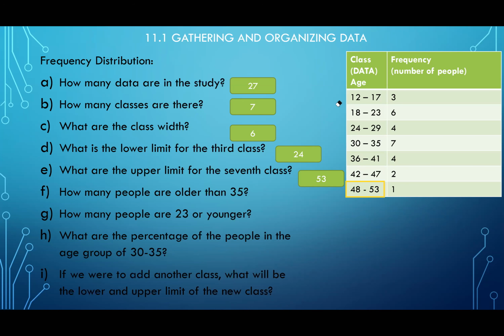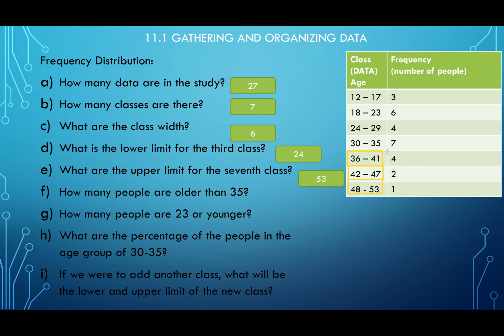Class width: each time you jump, how big is your class, or how many units do we jump. Next, how many people are older than 35? Do you agree that 36 to 43, 42 to 47, and 48 to 53 are the people older than 35?